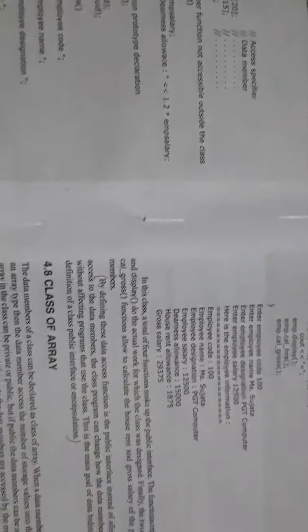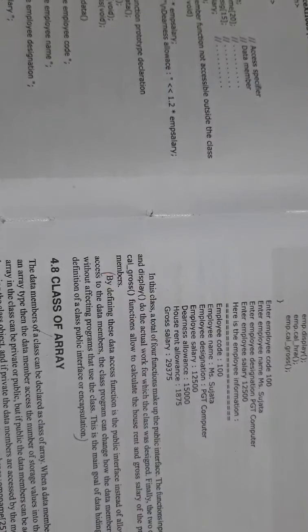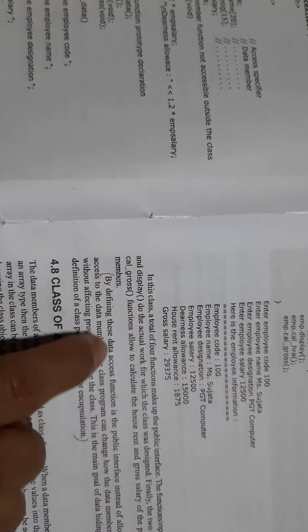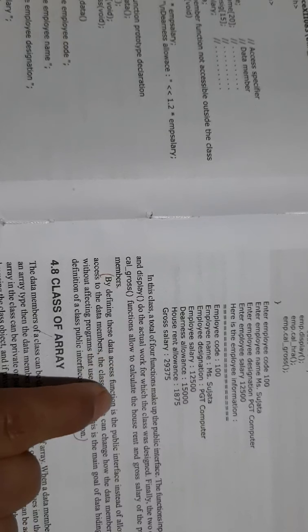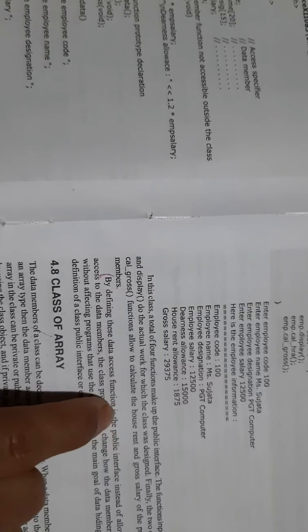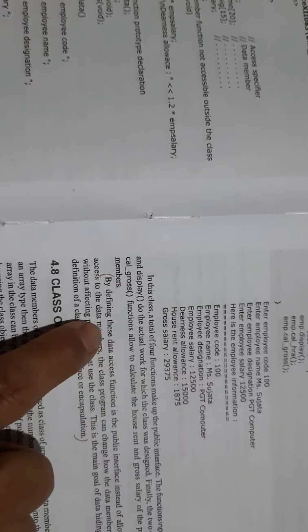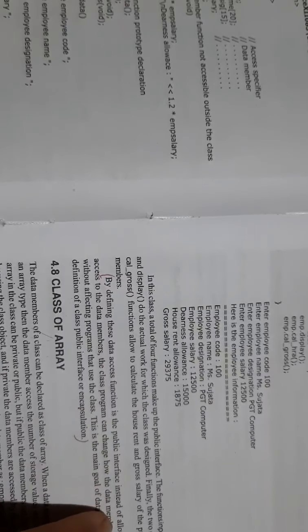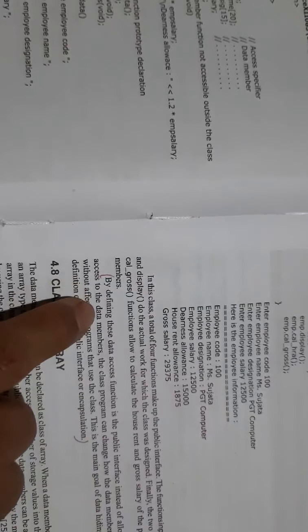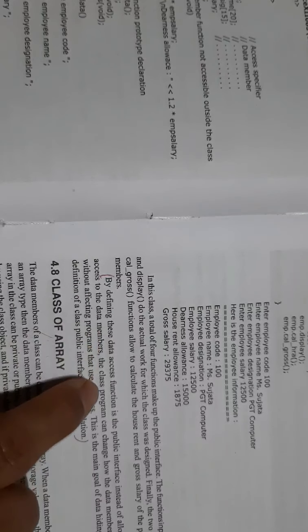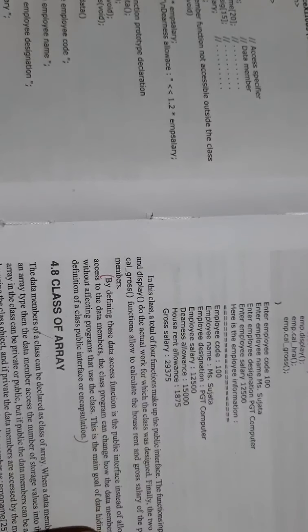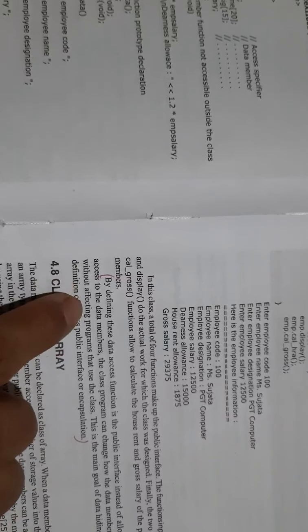Okay, so now what happened is, by defining these data access functions in the public interface, instead of allowing direct access to the data members, the class programmer can change how the data members are stored without affecting programs that use the class.